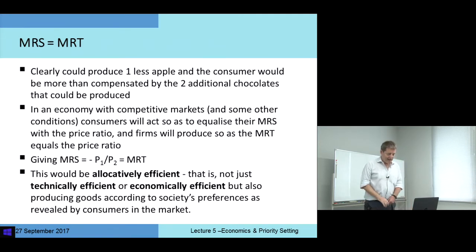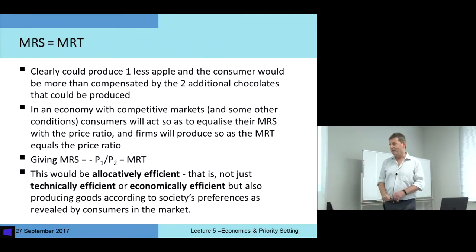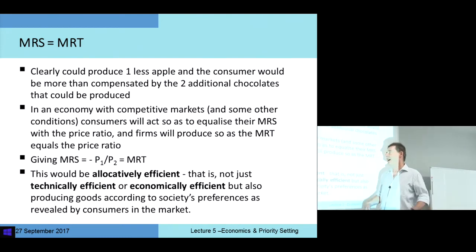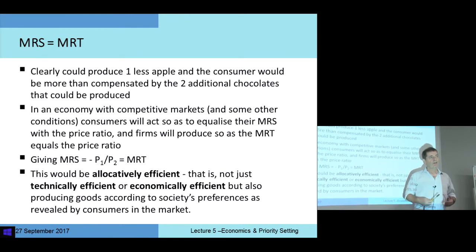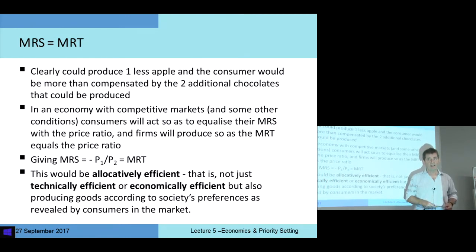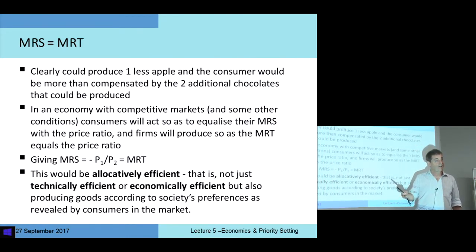Now, I'll be very brief on this bit. Given the assumptions that we make about firms being price takers, maximizing profits, and consumers being well enough informed so they know when they've encountered the lowest possible price, a competitive market will get you to that point.